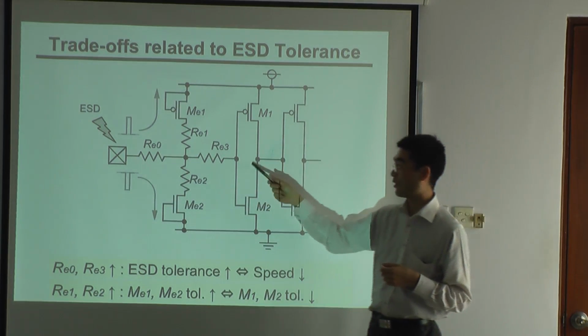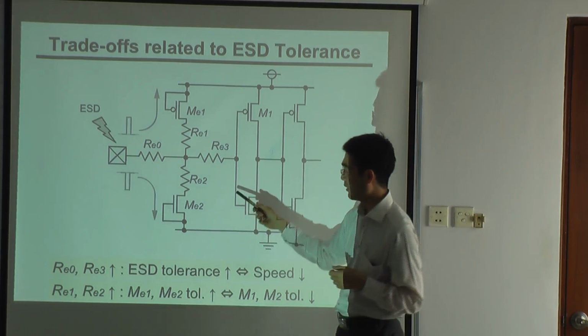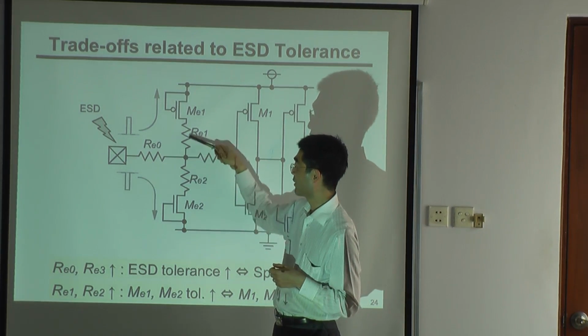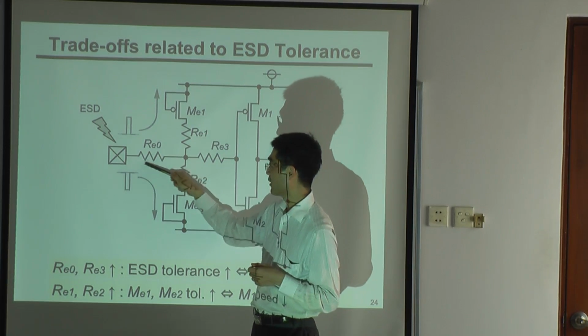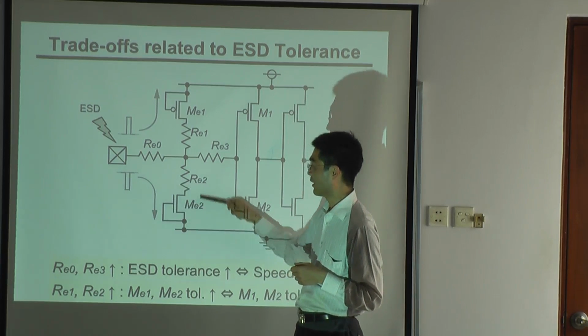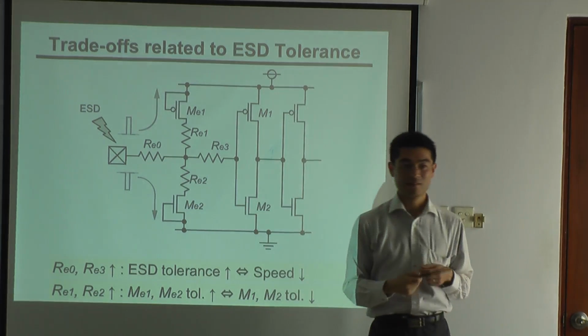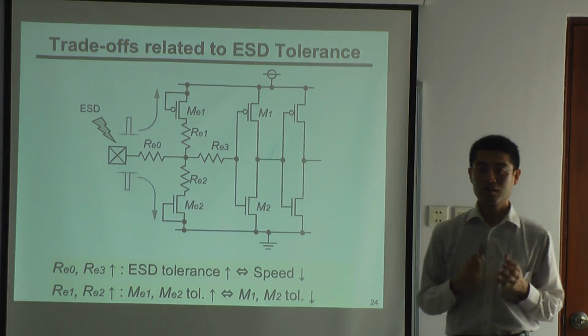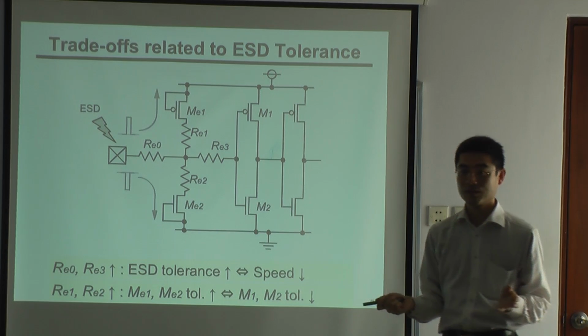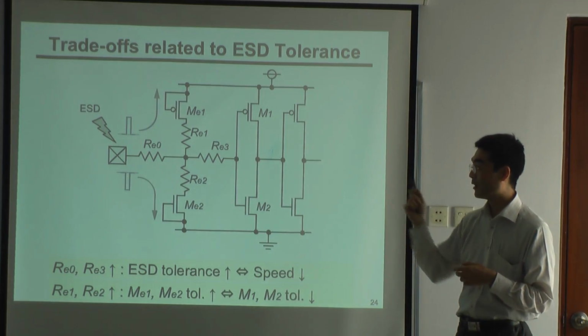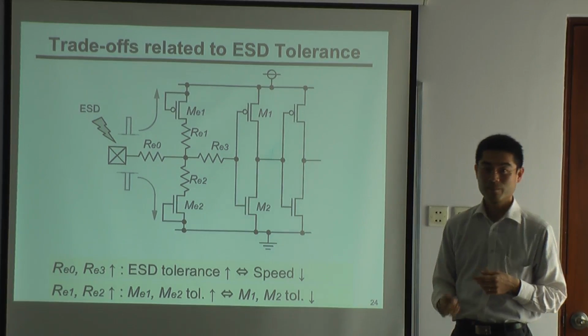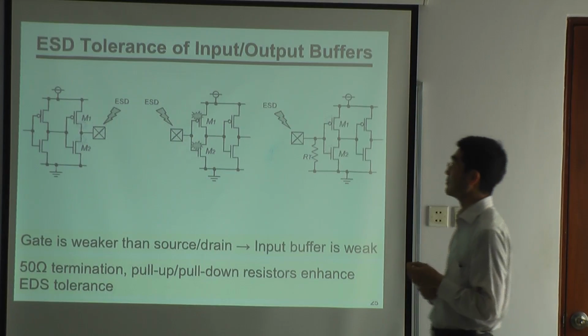And if we use less resistance here, the charge goes in, but this diode will break. So it's sometimes very difficult to decide how much resistance we use.